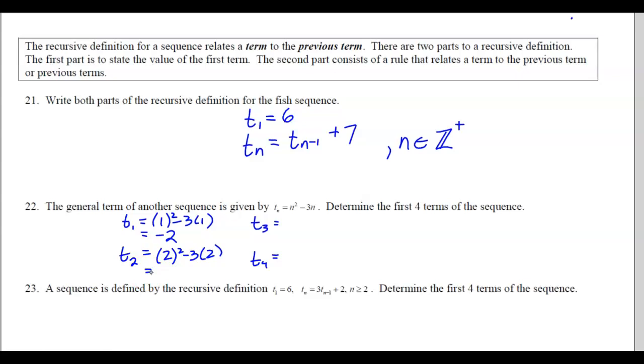This one, 4 minus 6 is negative 2. Nine minus 9 is 0. 16 minus 12 is 4.